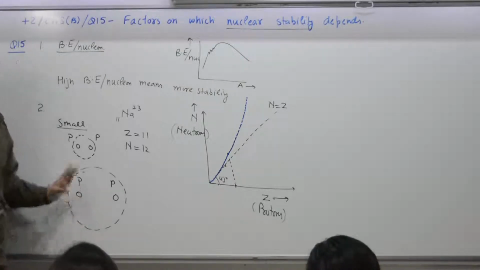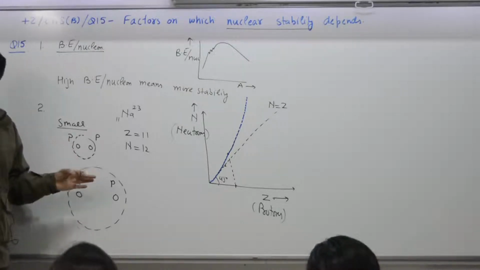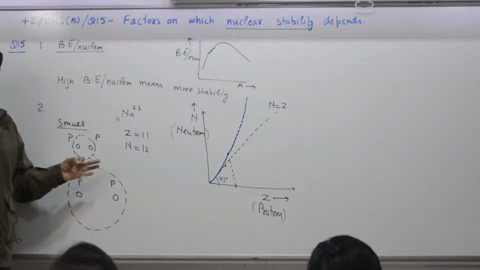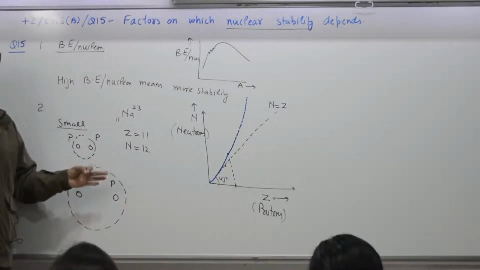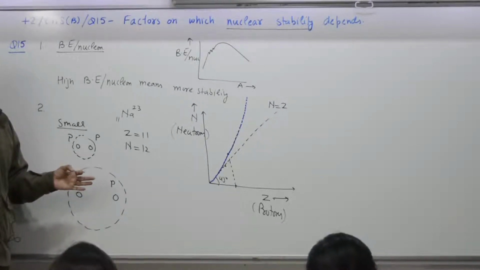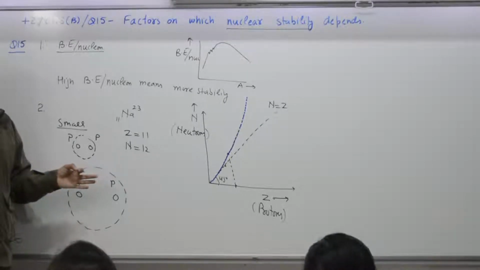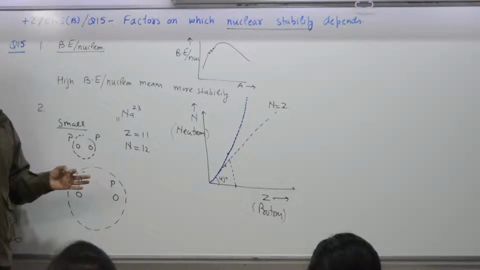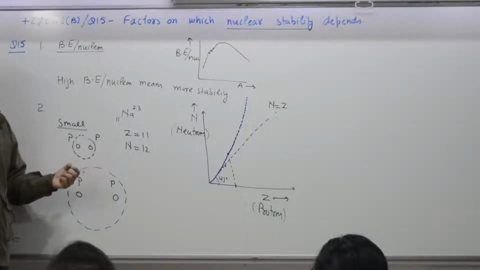Electric force will decrease, nuclear force will also decrease. The decrease in nuclear force is much more than the decrease in electric force. Why? Nuclear force is a short range force, of the order of 10 power minus 14, 10 power minus 15.